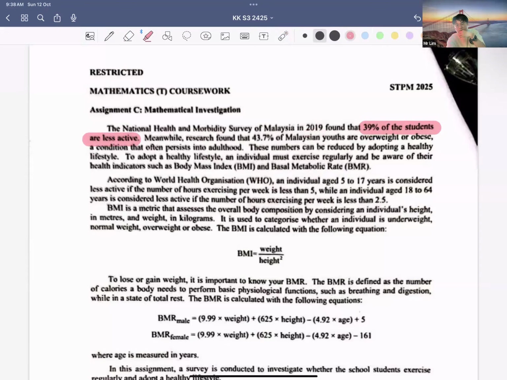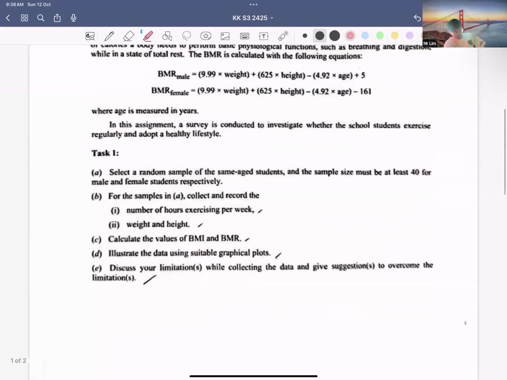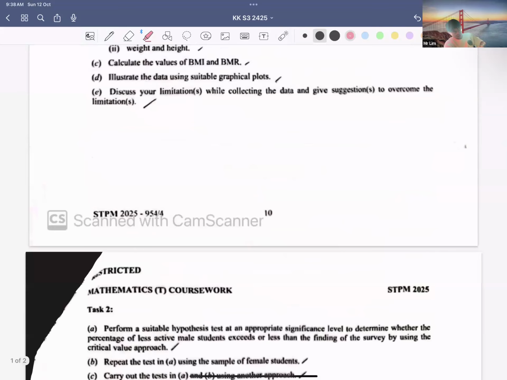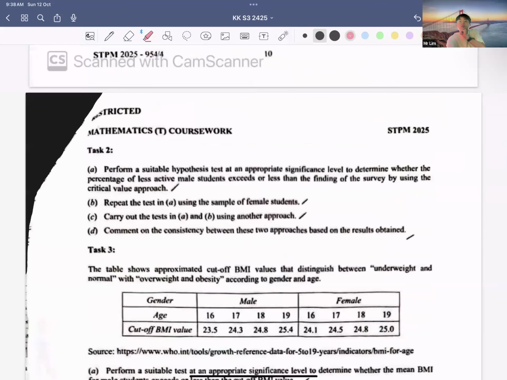Before we start, I think today I'm going to finish task 1 and a bit of task 2. So watch until where you think your teacher has already told you.